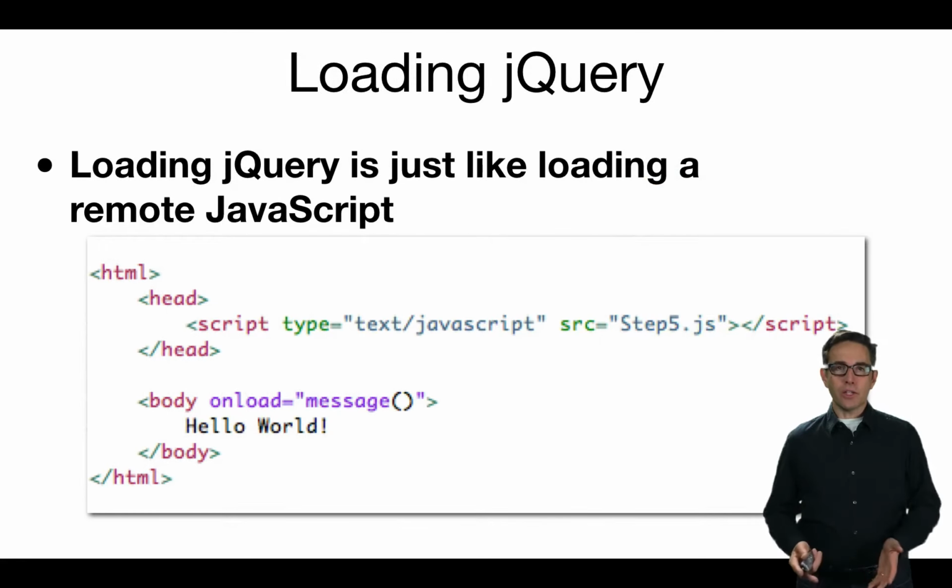All right, loading jQuery is just like loading a remote JavaScript. So here's an example of an HTML document, very simple. It has a head and a body, and in the body is just the text "Hello World." In the head section, we don't have a title, which is required according to the W3C, but we have a script tag, which is going to load a script called step5.js.